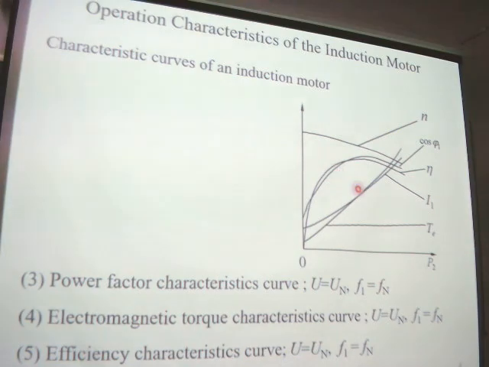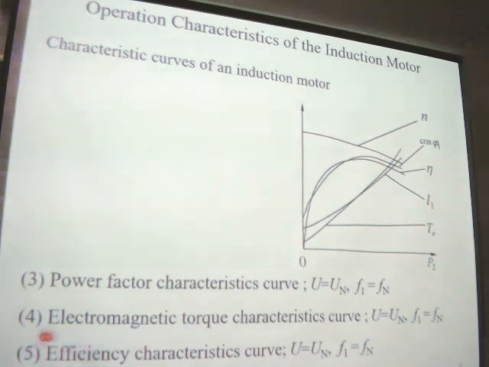It has a maximum value about here. And if the output power is nearly the rated power, the cosine phi 1 will decrease.